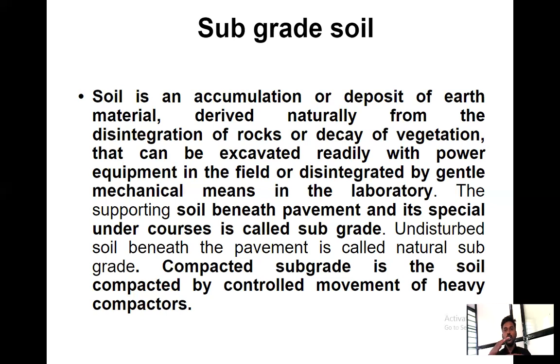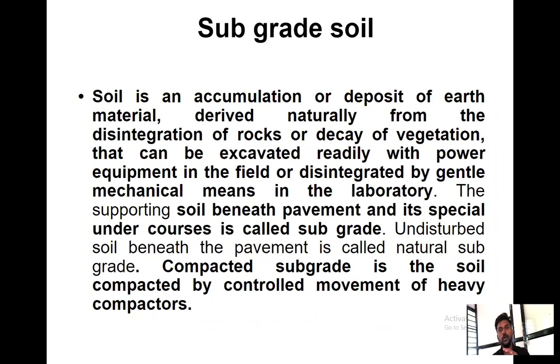So the soil is divided into two kinds here: subgrade and natural subgrade. In the subgrade, we do compaction or whatever tests we want to do on that soil. The compaction on that soil is called subgrade, meaning we are doing something on that soil.